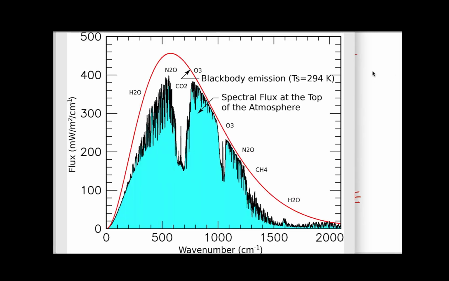This image is very much like the last one, only we have changed it into wave numbers. And now we've labeled where these gaps are coming from. So this blue part here is the same as that red part of the diagram before, only now we've labeled what's going on in here. Do you see this funny little gap that's right here?